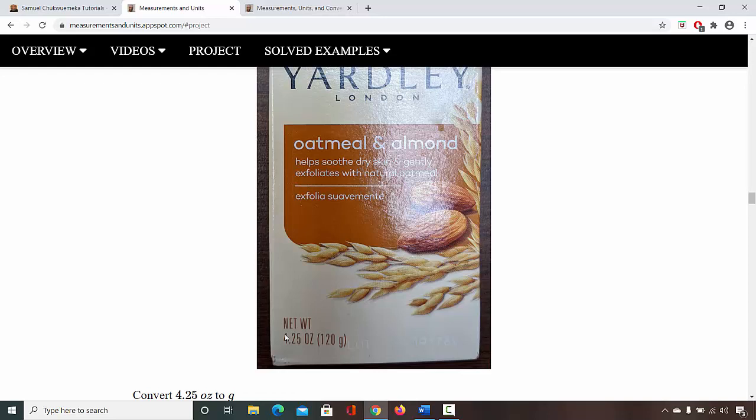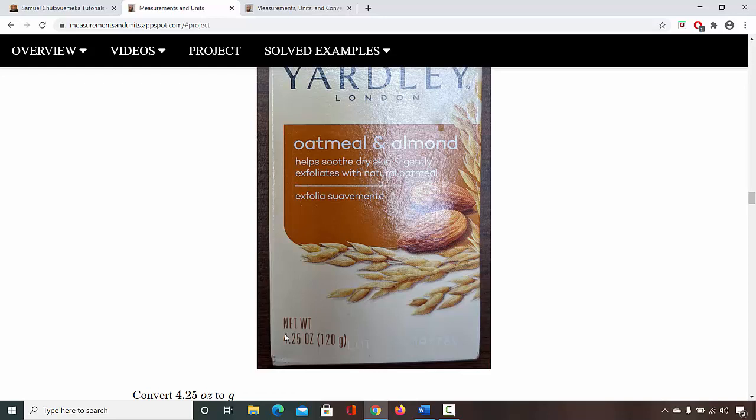Some of the answers you have to watch out for: when items are produced in the United States of America, they also want to sell those items in other countries. They want to export the items to other countries. And for them to do that, they have to include the units that those countries use.